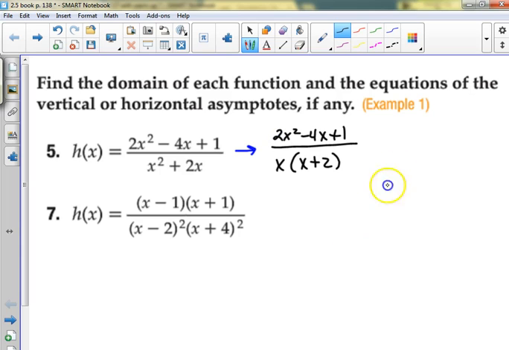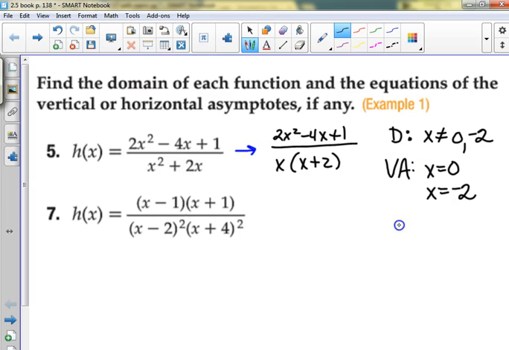Vertical domain. Okay, so let's start with domain. What are the restrictions on the domain? X cannot equal 0 or negative 2. So it has vertical asymptote. Since the top didn't factor, these neither one cancel or have a hole. Okay.